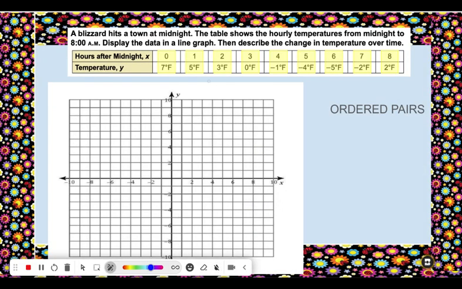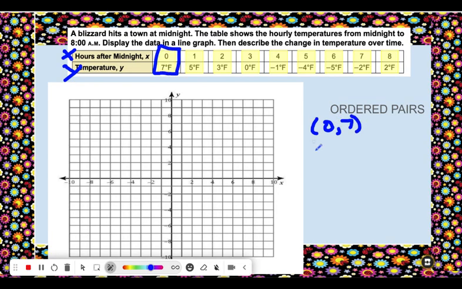All right, so here we have a bunch of data. We need to make this data into ordered pairs. When you're looking at an input-output table, it's X, Y. So my ordered pairs are going to be (0, 7). Do you see that?